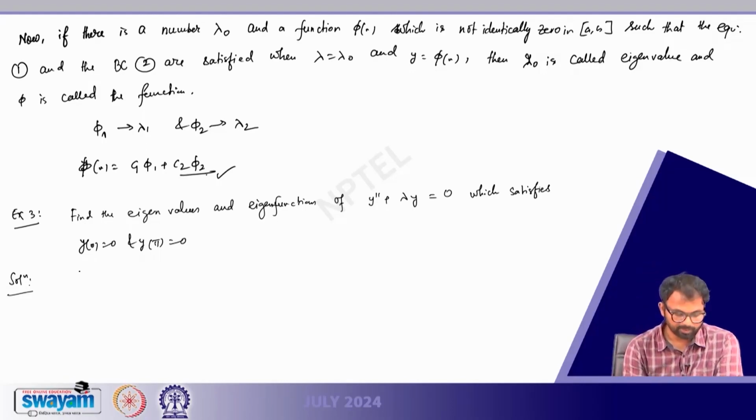So, here basically if lambda is 0, then in that case we do not know the condition on lambda.